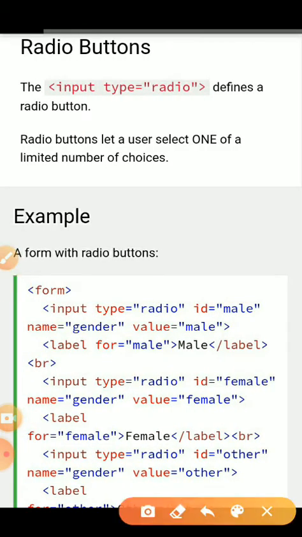Then after that, the radio button. So how will we create the radio button? Input type radio defines the radio button. A radio button lets the user select one of a limited number of choices. So input type radio, label, then input type, then label, then input type, like that we are using here.